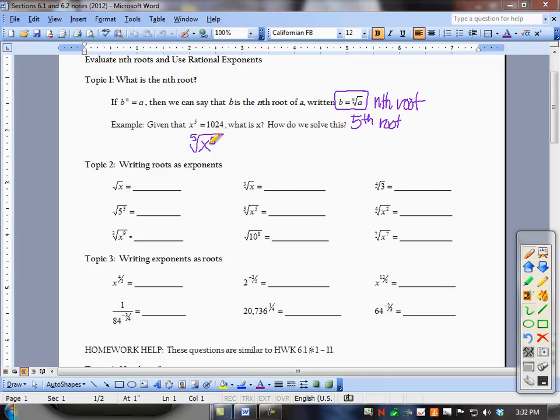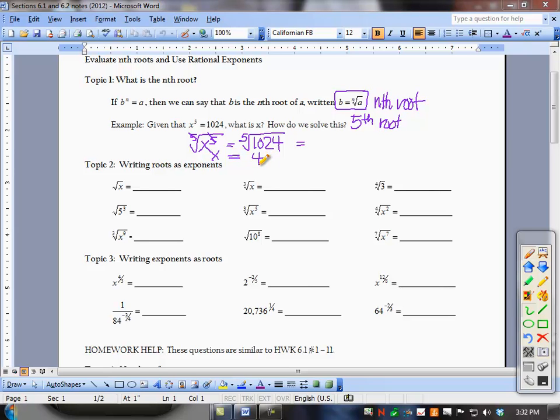Well, if I take the 5th root of x to the 5th, the root and the 5th power cancel out. And then if I take the 5th root of 1024, I'll get my answer. Now I'm going to say the answer, and then what I'm going to do is show you how to get that in your calculator. So what we're finding then is x equals 4.